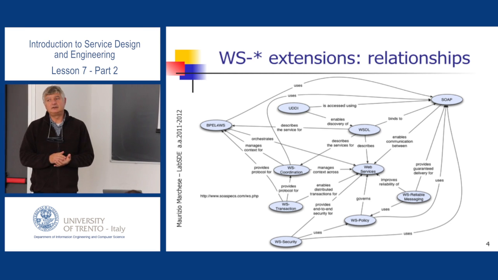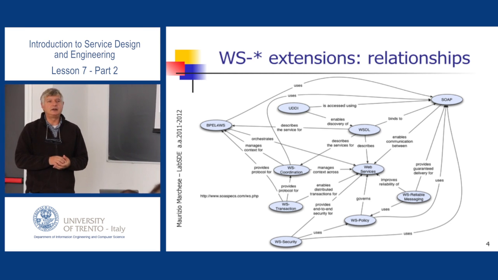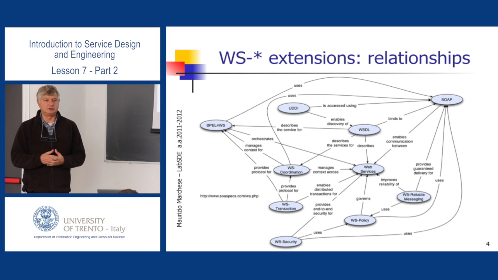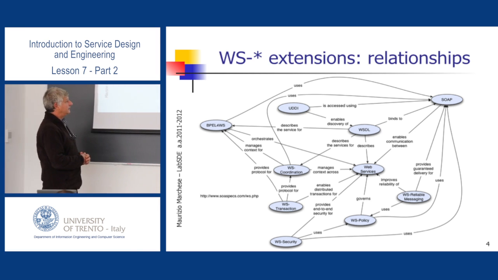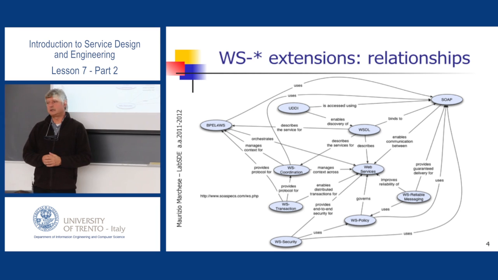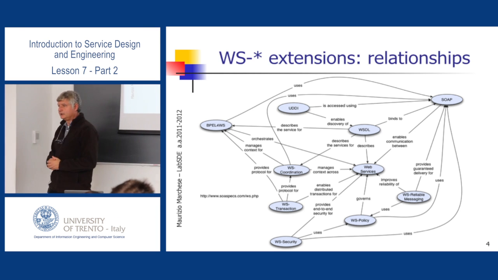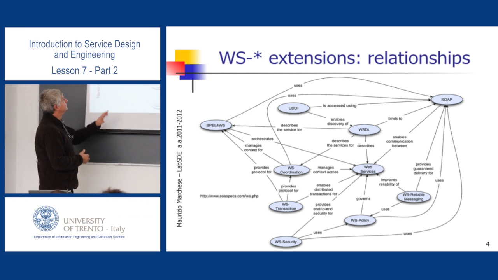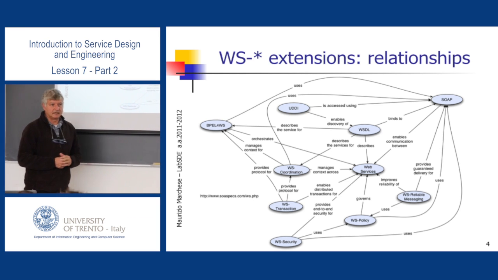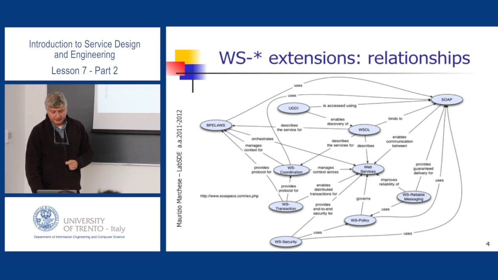When I say a different level of maturity, it is that they are not all at the same level of maturity. There are some very stable protocols, for instance reliable messaging, which I will give you as an example in the next slides. But there are some others, coordination, security, which are less stable.